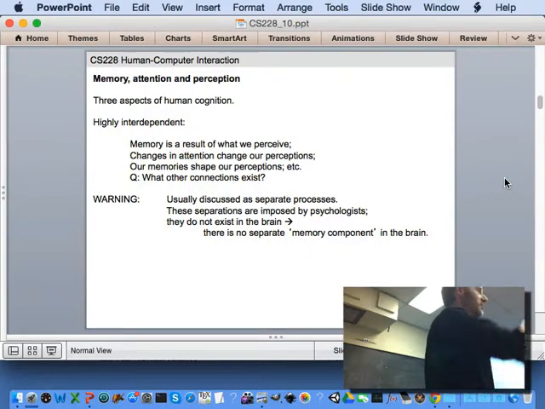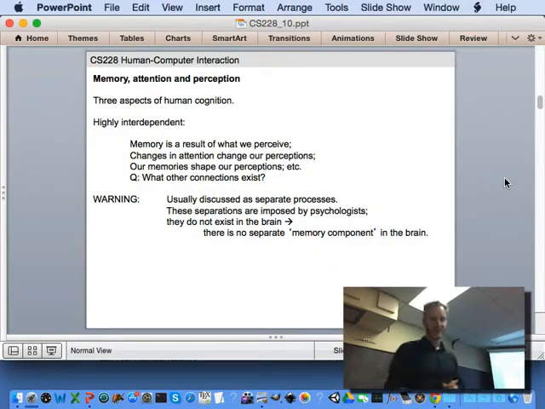As I change my attention, I perceive something different, which means I remember something different. Our memories shape our perceptions. What we remember actually can influence what we think we see or what we think we hear. And in the interest of time, I'll let you think on your own about these other interactions between these three cognitive processes. Okay. So again, we already have to be careful. These are not separate things.